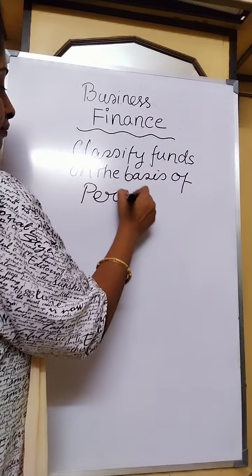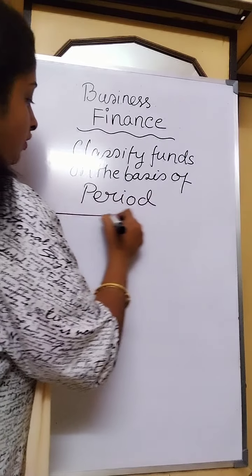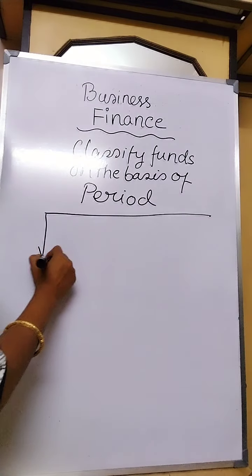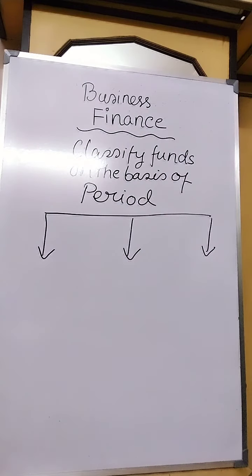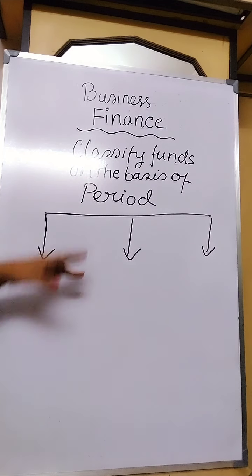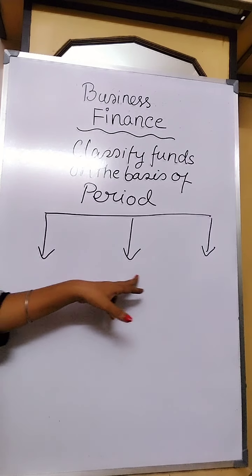Period means time. So, as you can see, sources of funds can be broadly classified on the basis of period into three distinct categories.